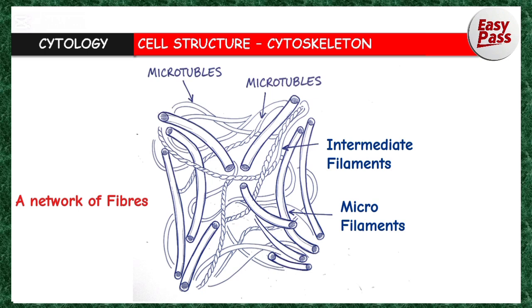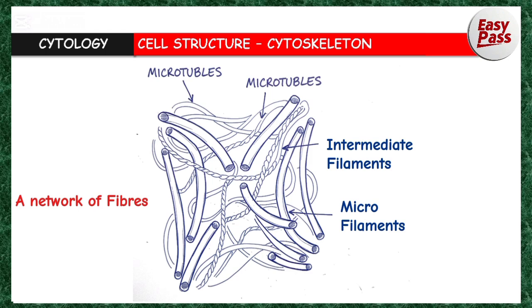Take for instance cells like the white blood cell and memory cell. They don't have feet, but they have what is called a pseudopodium. This pseudopodium is actually developed through the microfilament.